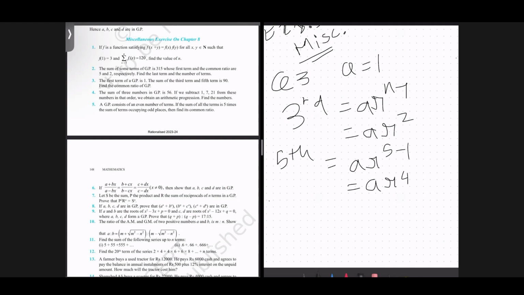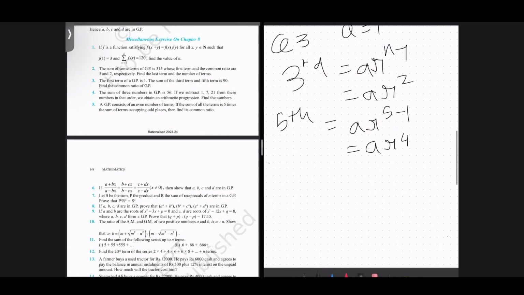Right. So when you do this, a is always going to be 1. So the third term is r^2, and the fifth term is r^4. We have been told that the summation of the third and fifth term is going to be 90.